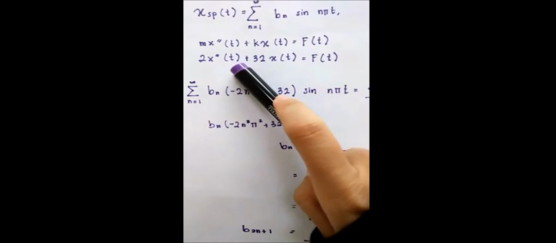So this is the spring equation: m x double prime t plus k x(t) equals f(t). From the equation, m equals 2, k equals 32. So it will be 2x double prime t plus 32x(t) equals f(t).